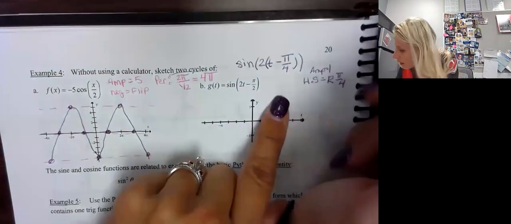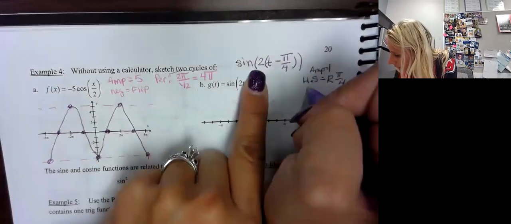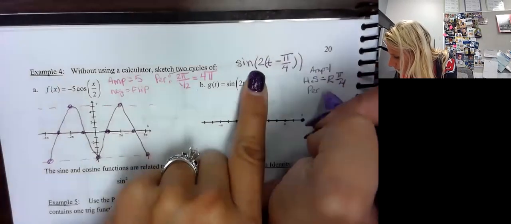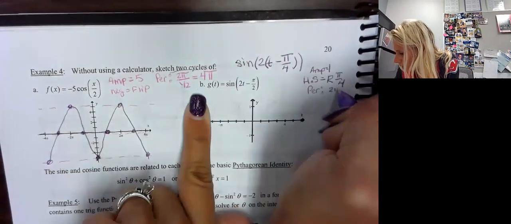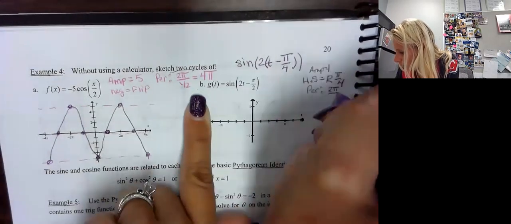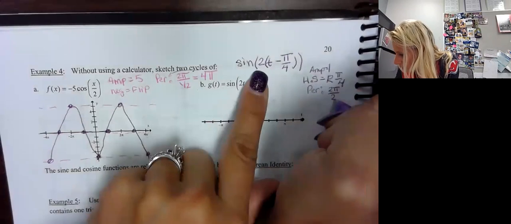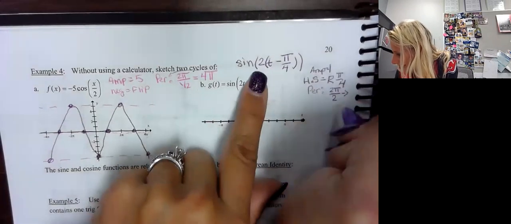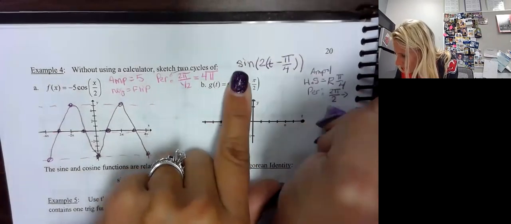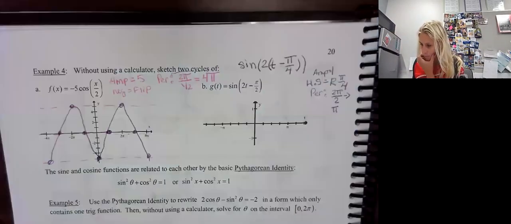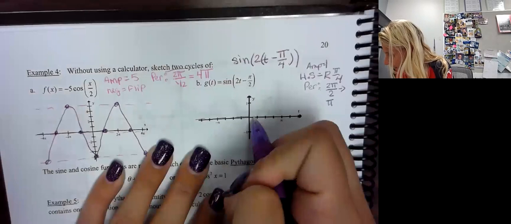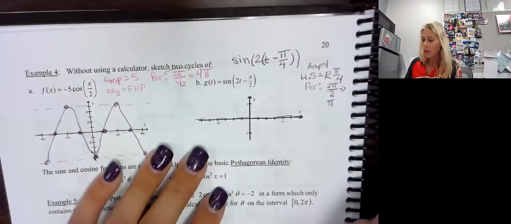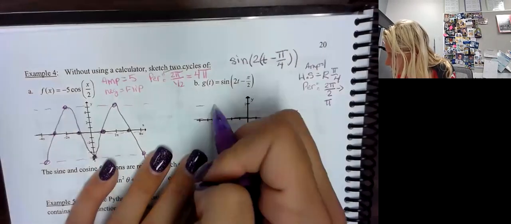Sorry, guys. And then our period, okay, it's sine, so it's 2 pi over the absolute value of b, which in this case is 2. So that means it repeats every pi. All right, no vertical shifts, so we have our 0 there. We're only going to 1.